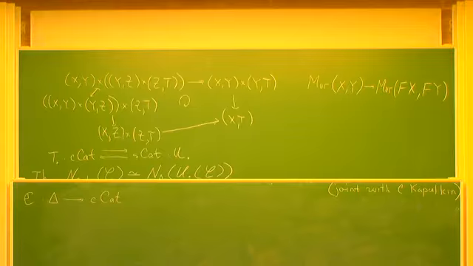So we want to construct a functor. In order to do this, one has to provide a number of constructions and then prove a number of their properties.